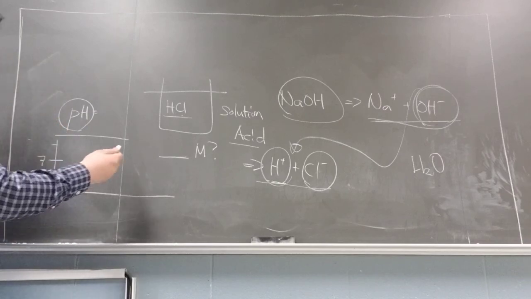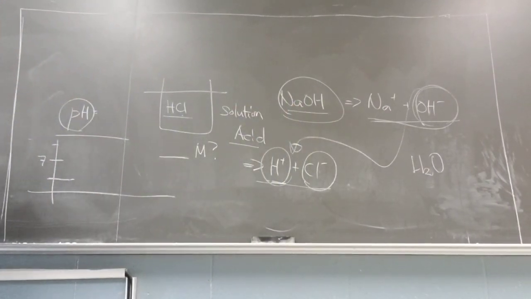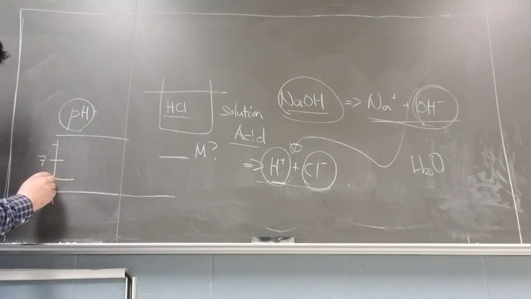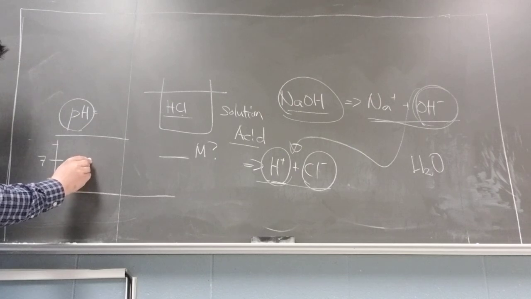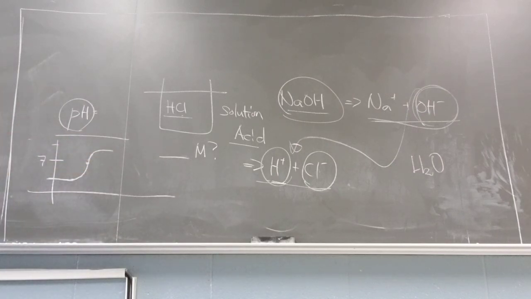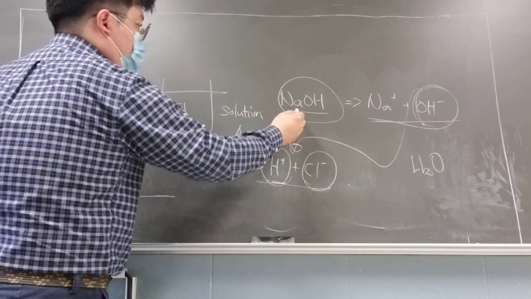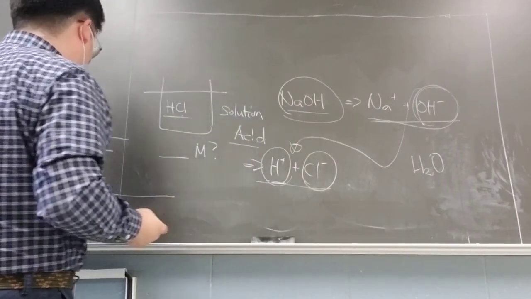Then if you keep adding the basic solution, which is your sodium hydroxide solution, it will become less and less acidic, pass 7, and from there it will become a basic solution, because you keep adding the basic compound, sodium hydroxide.